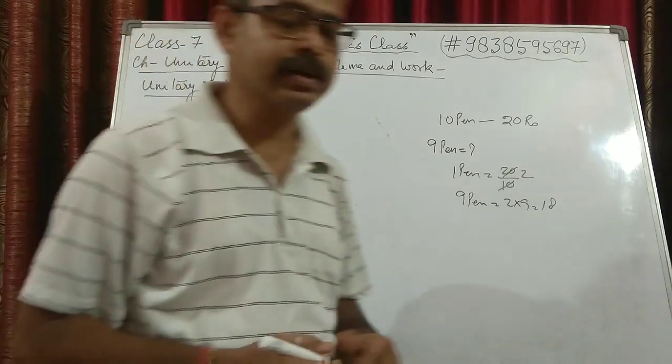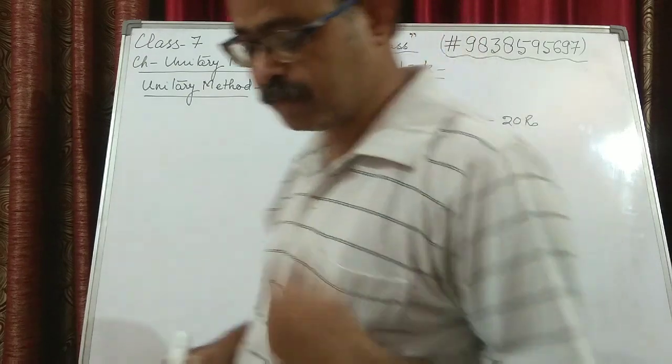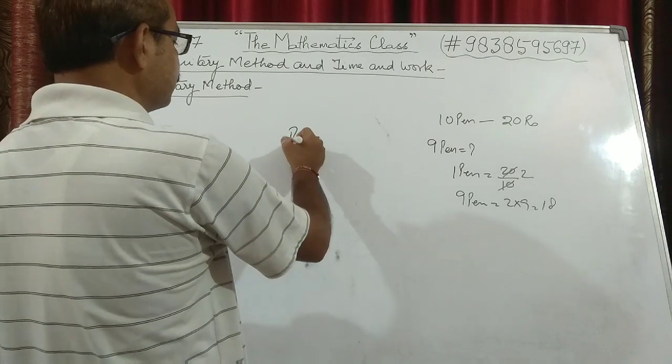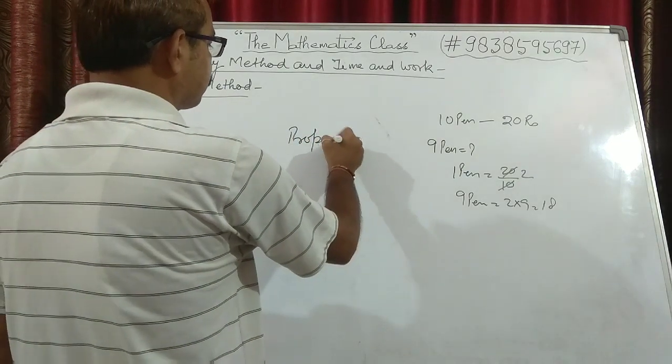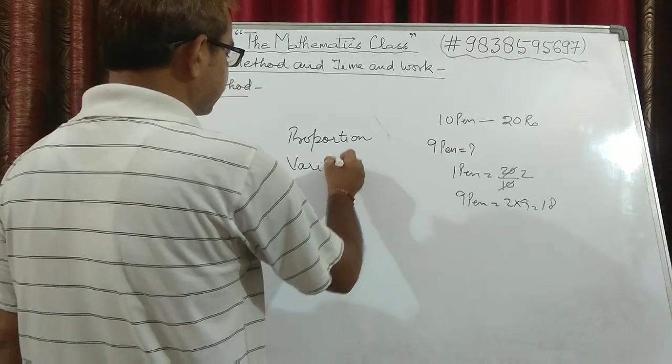Now in unitary method there are two types of variations, or two types of proportion, you can say. Sometimes we call it proportion, and sometimes in some books it is given as variation.